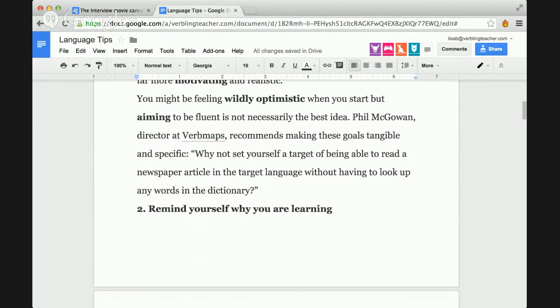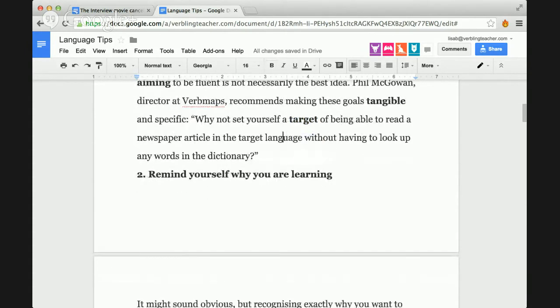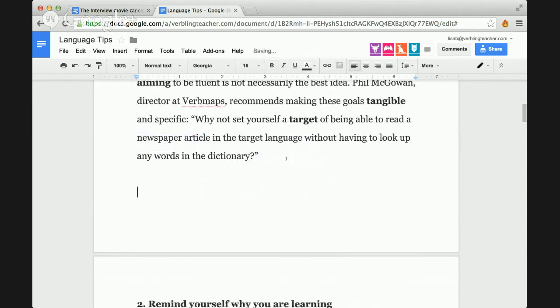Instead, you want to make something that's tangible so that you can reach it. Tangible actually is something like you can touch, you can reach, you're going to be able to achieve it in a certain amount of time. That's your target, what you want to achieve. So for example, your goal or your target could be just to read a simple newspaper article without having to look up any words in a dictionary so you can understand.